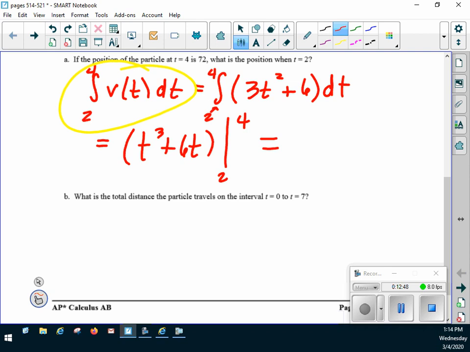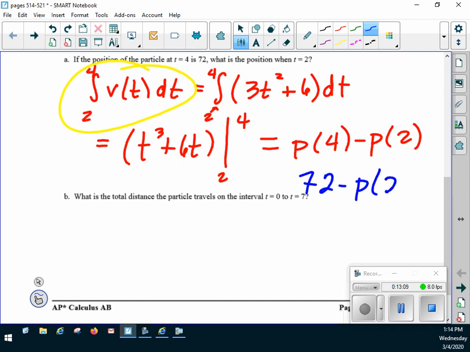What would the answer to that be? That would be p of 4 minus p of 2. Now keep in mind, I know what p of 4 is. I want to find out what p of 2 is. P of 4 is 72. So 72 minus p of 2 is going to equal whatever this right here is.